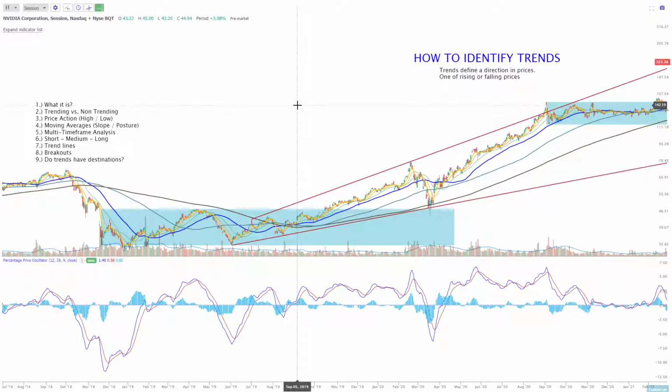And what do we do generally with these trends is that we like to identify a mean or some moving average that will act as a destination when the correction begins.